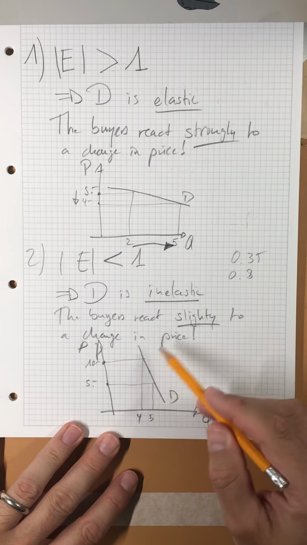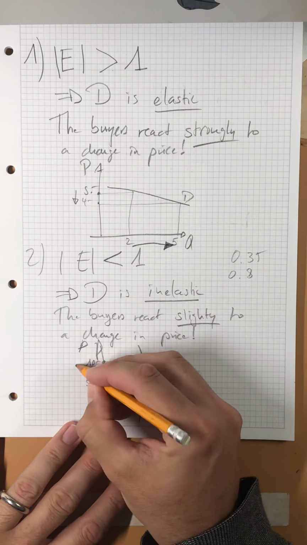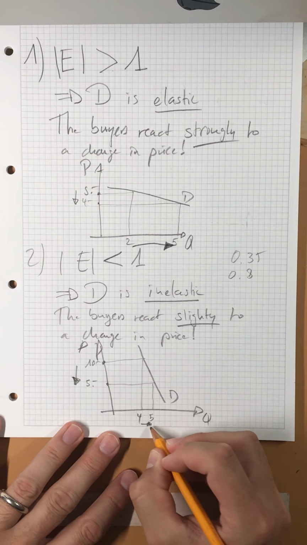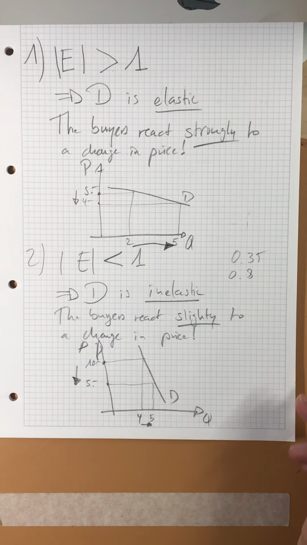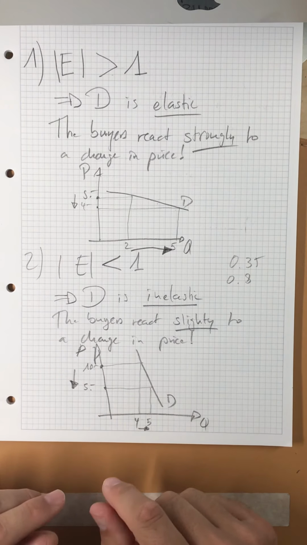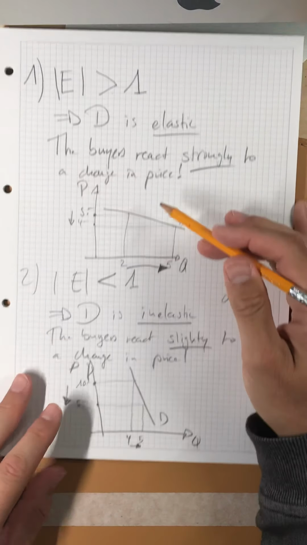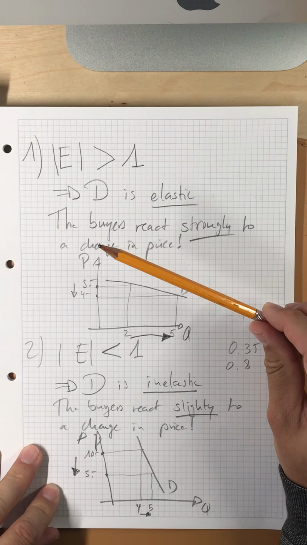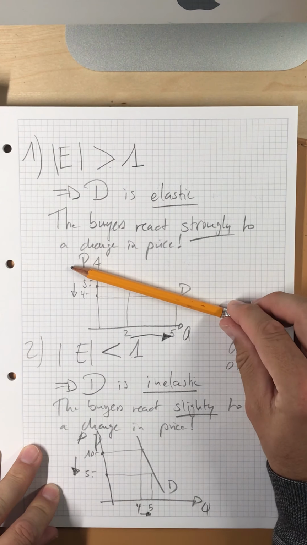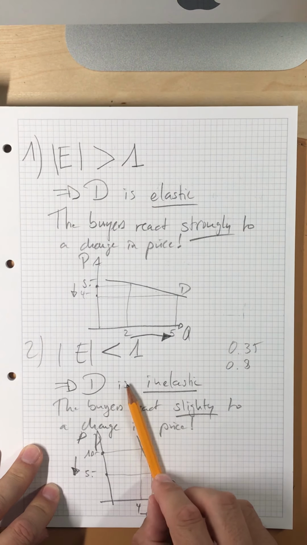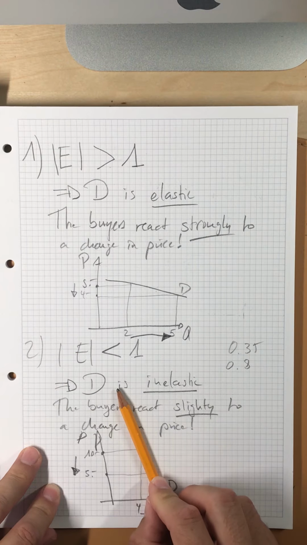So it's a small reaction. A huge decrease in price will have a small increase in the quantity demanded. So that's the way you are going to see with graphs. Once again, a demand which is elastic, the demand is approaching an horizontal line, and when the demand is inelastic, it's approaching a vertical line.